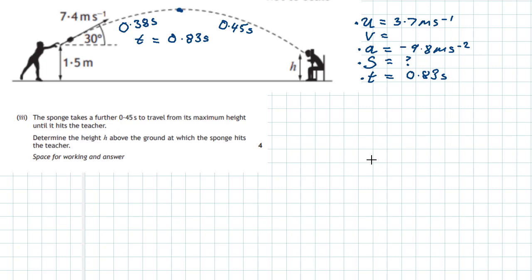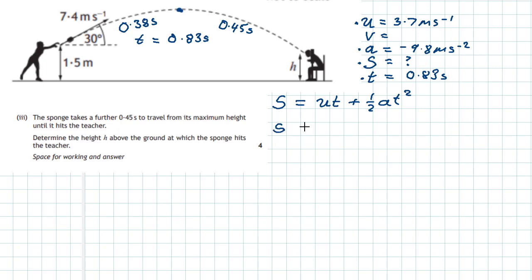So we look up our data book, and the equation which is going to be used, the kinematic equation, will be s equals ut plus 1/2 at squared. Now you can see that we can just simply plug in the numbers because we don't need to do any rearranging.